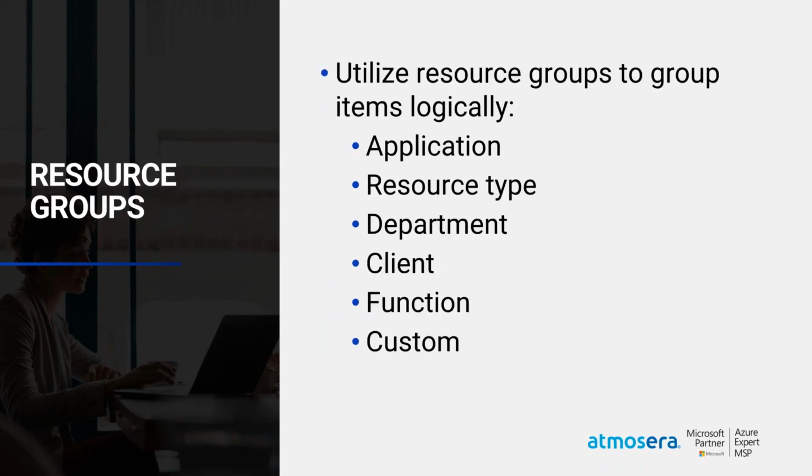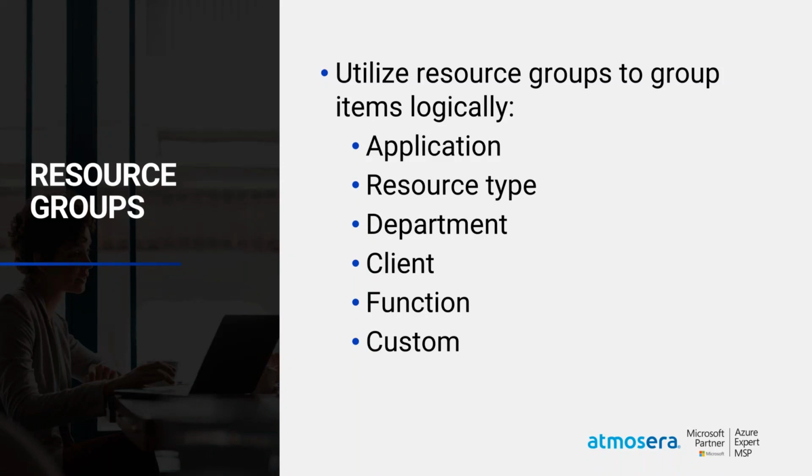To use resource groups as part of governance, we're going to utilize them to group items logically. Now, this is going to depend on how you've defined how the Azure environment's going to look when you go through the cloud adoption framework and decide what your plan is going to be. You can group them by application.